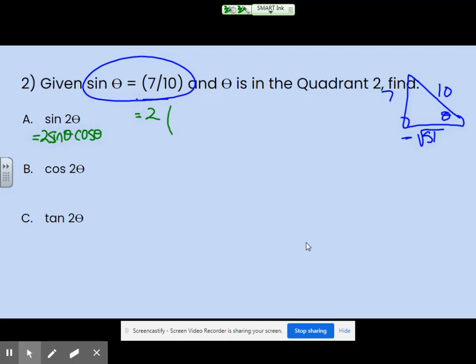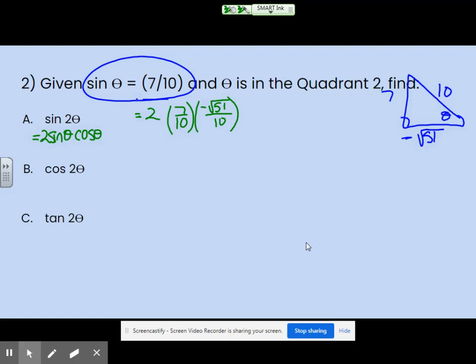I don't know what theta is, but I know from using my triangle that the sine of theta is that 7 over 10. I also know that from the question, it was given to us. That's opposite over hypotenuse. And also using our triangle, since I have that last side now, I know that our cosine is that adjacent over hypotenuse, or that negative radical 51 over 10.